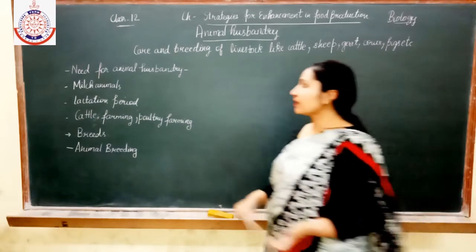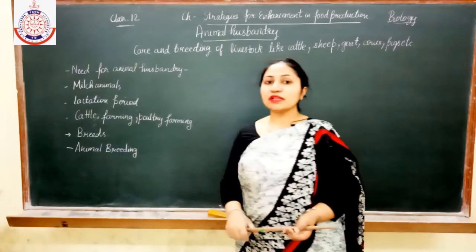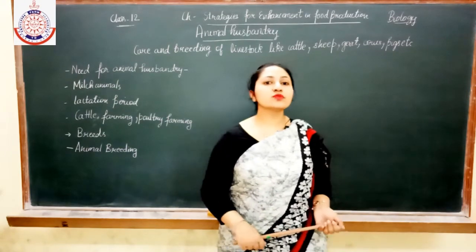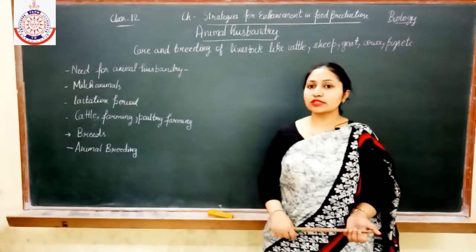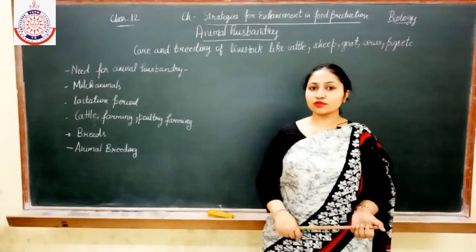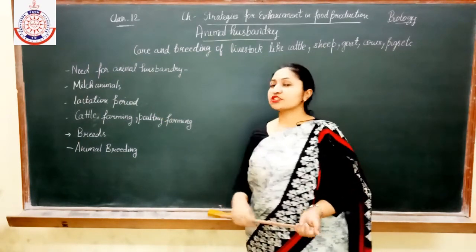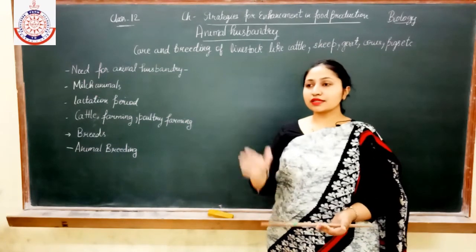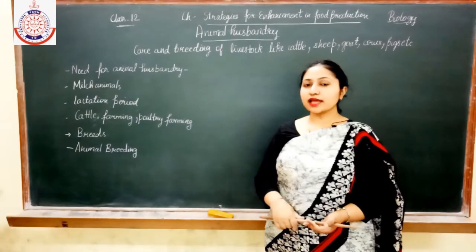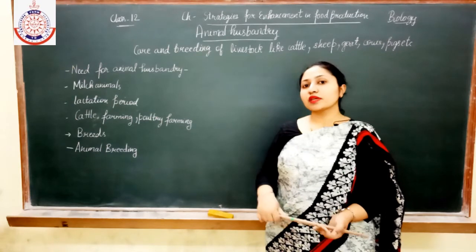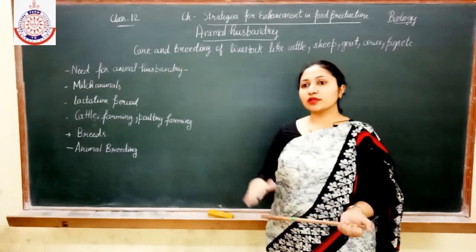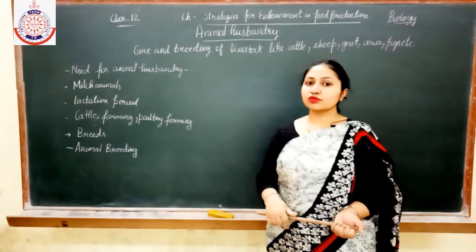Now next, what are milch animals? Milch animals are those animals which are responsible for producing milk. Now next, the lactation period. It is the time duration when a female animal gives birth to the young one.